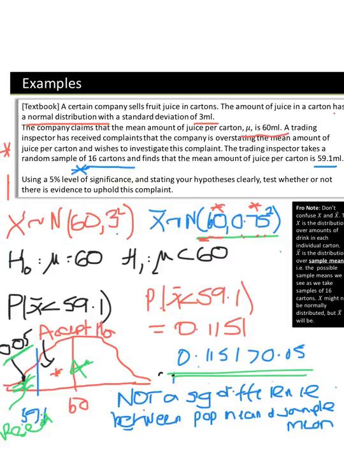And what's really important at this stage is always refer your conclusion to the original question. So this tells us that there is not a significant difference between the population mean and the sample mean.